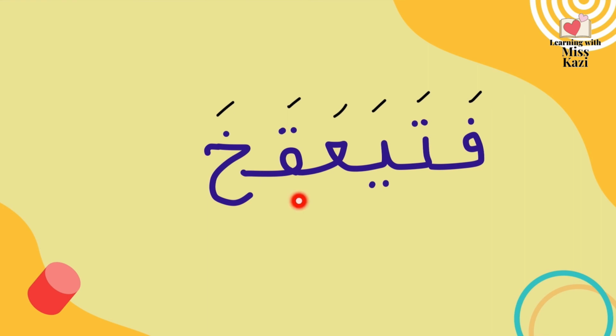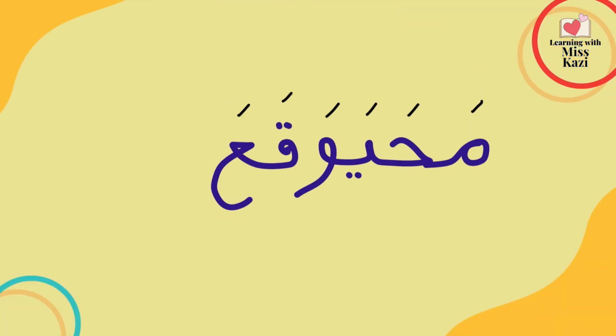Is this a Fa? It has two dots. A loop with two dots is Qa. Kha. Let's do one more. Ma, Ha, Ya, Wa, Qa, A.